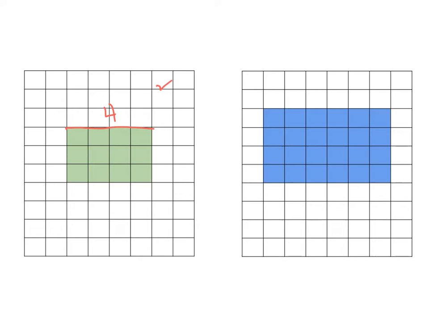How about the length of the opposite side to that? And the length of the shortest side. And the length of the opposite side to that. When we add those together, 4 plus 4 is 8, and we add the other two sides together, 3 plus 3 is 6. And when we add those two together, we come up with 14 units.